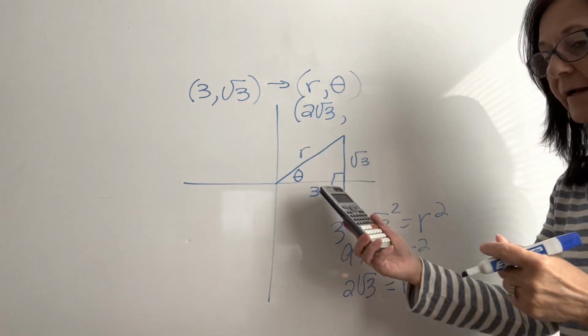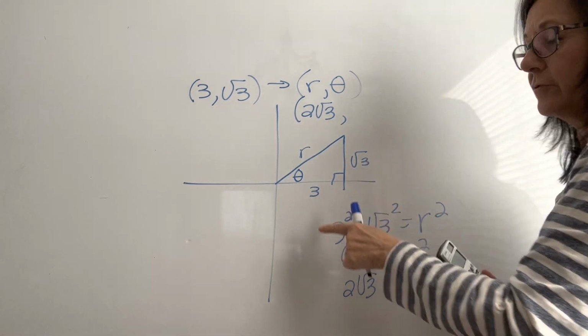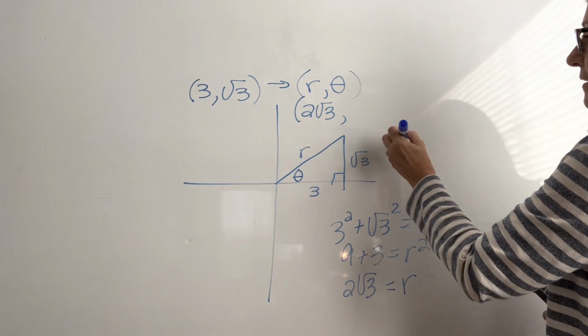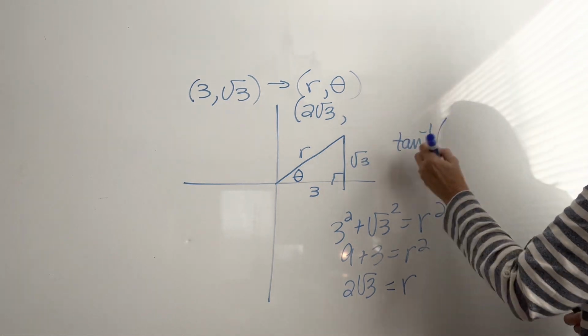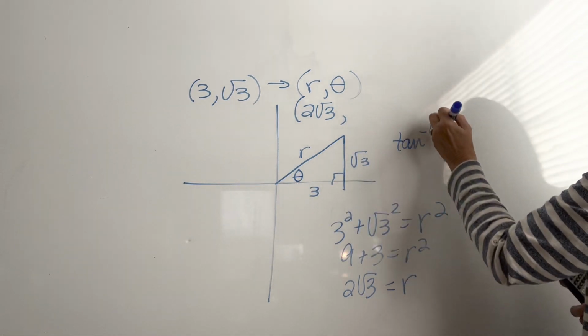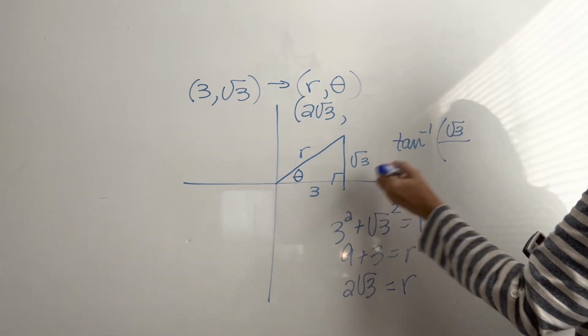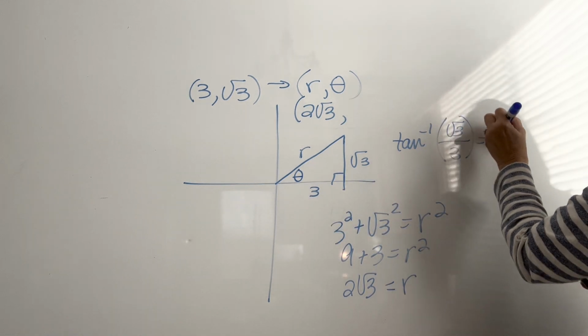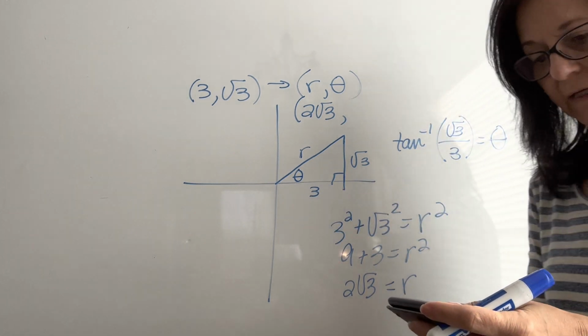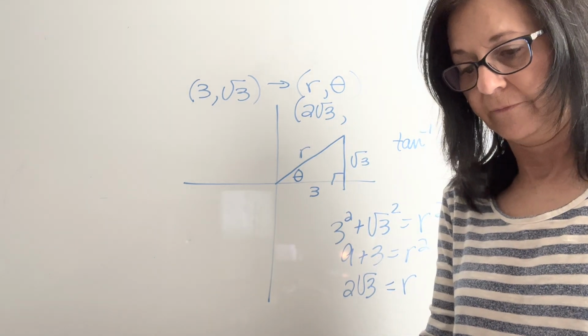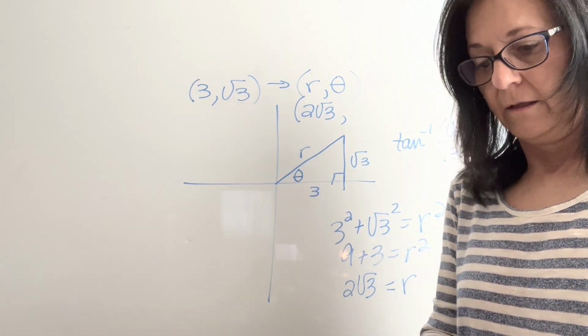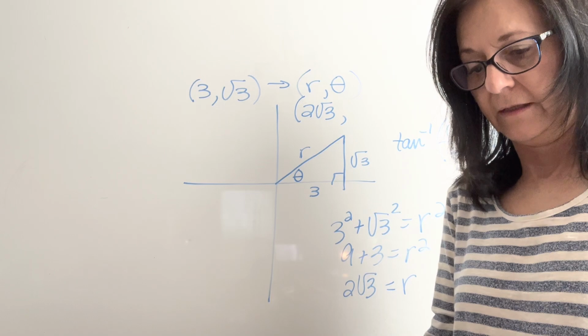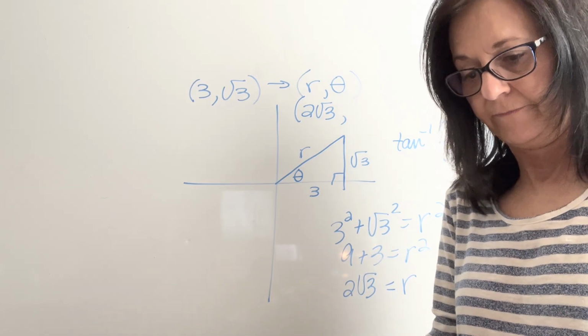All right, now with theta, we're going to use the tan. So the inverse tan of opposite over adjacent equals theta. All right, you have to be in radians. Huh, grabbed the wrong calculator, didn't I? Let me get this calculator in radians.